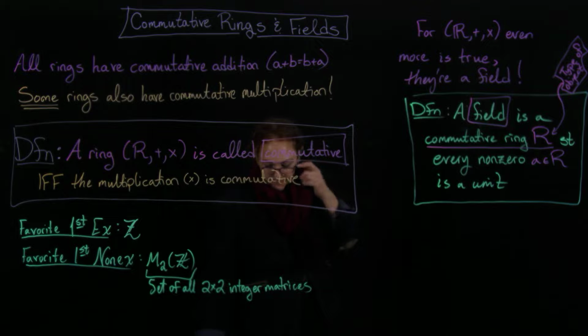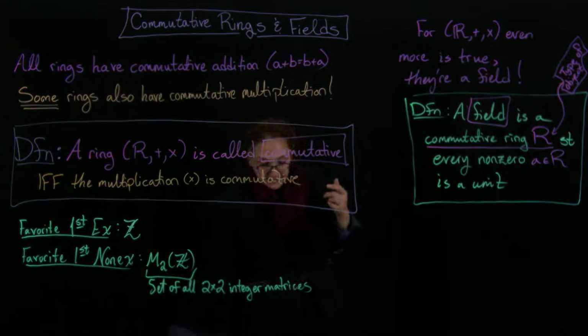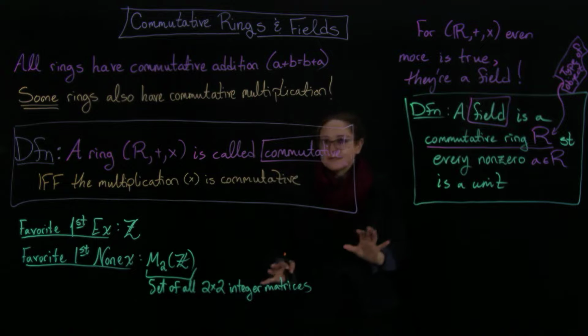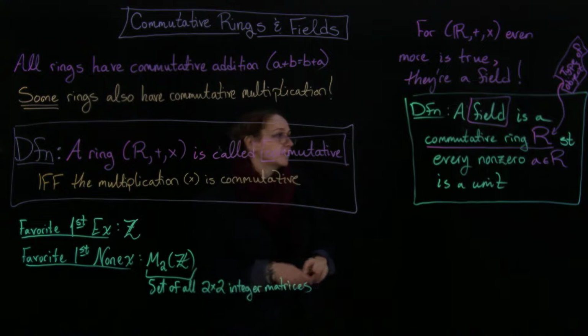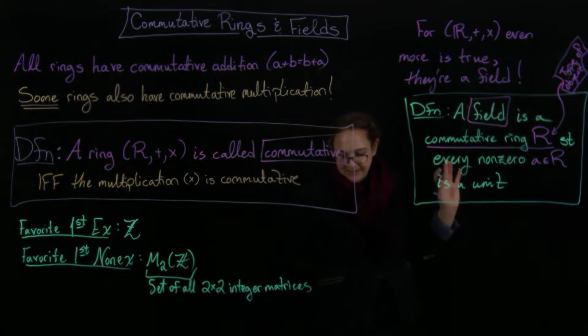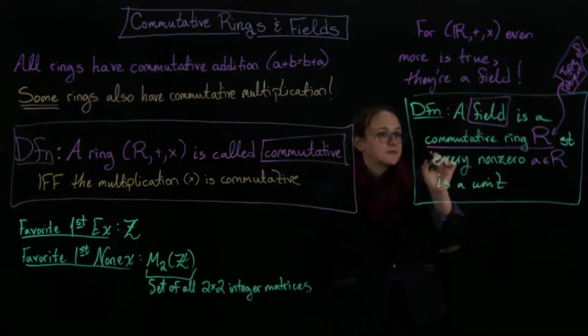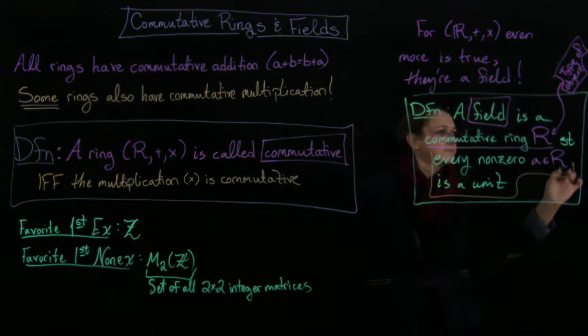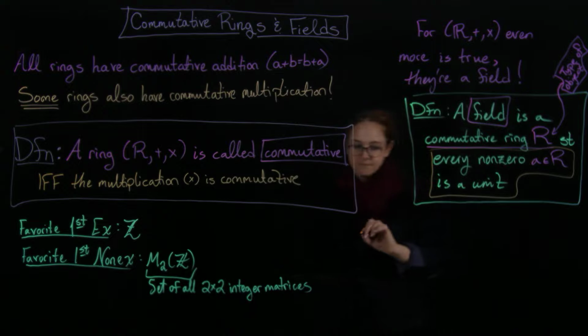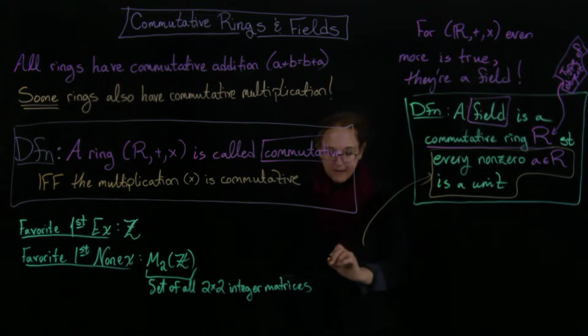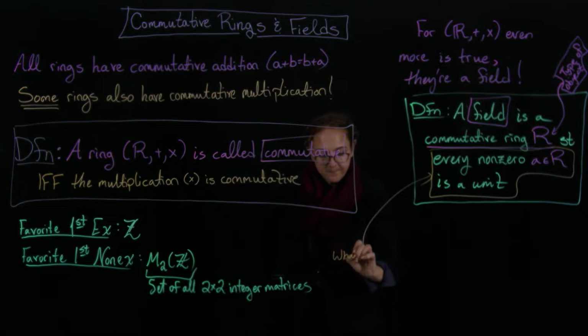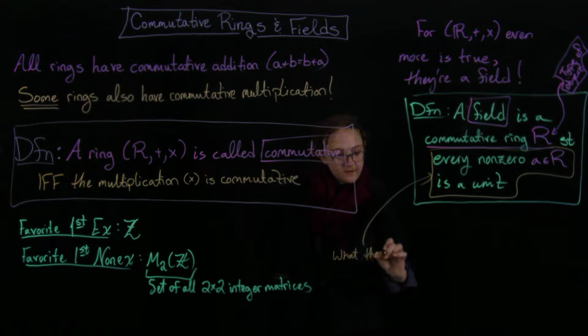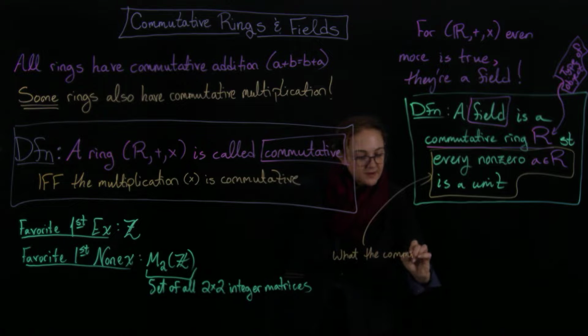What must the commutative ring R satisfy in order to be a field?